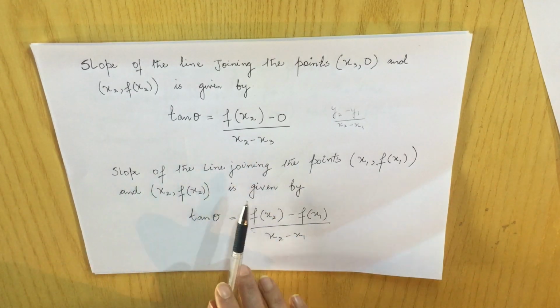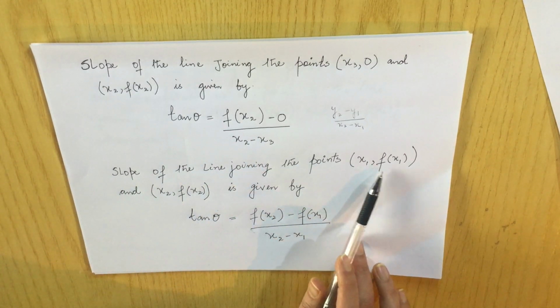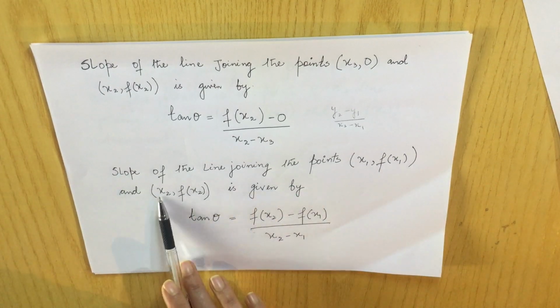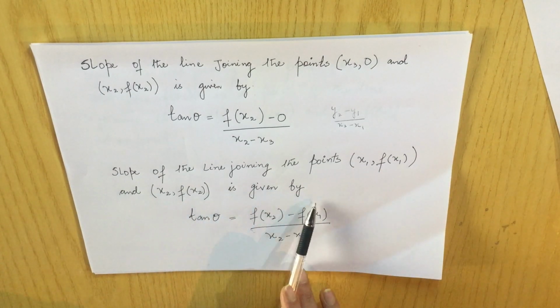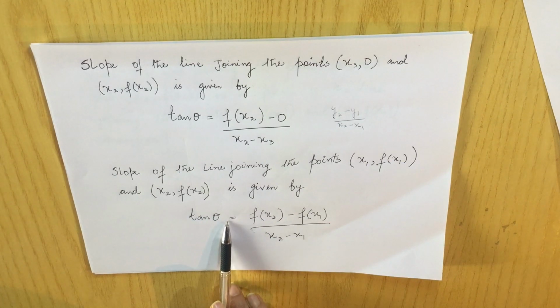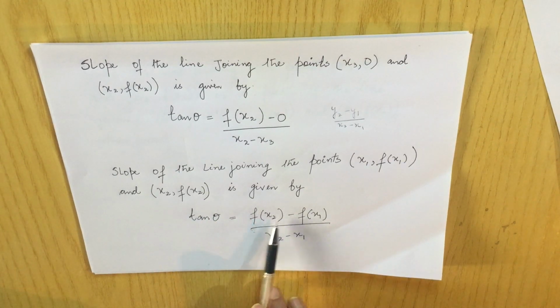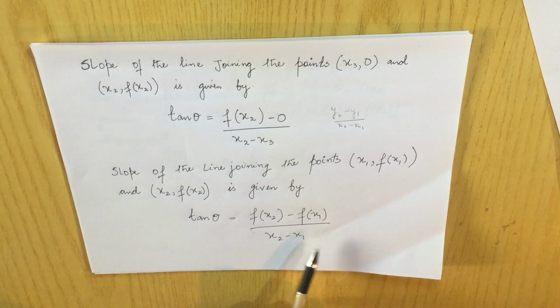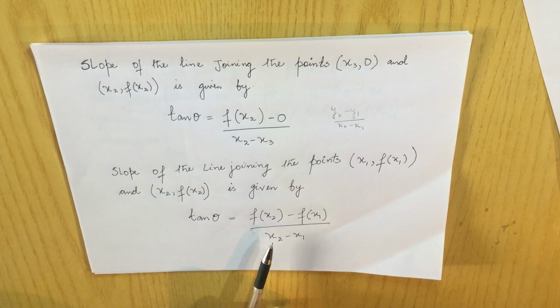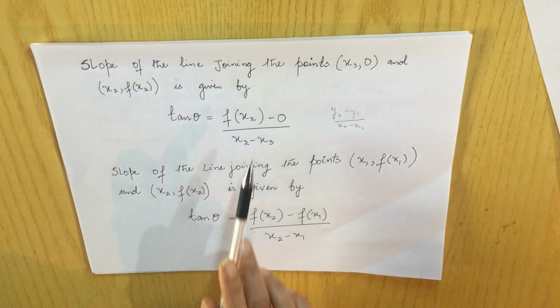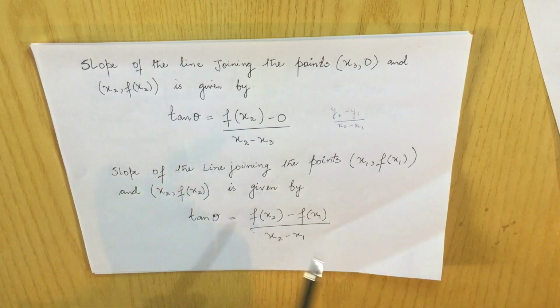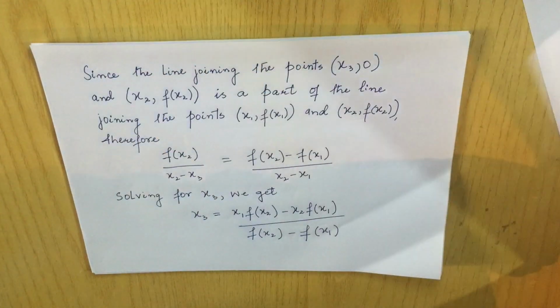Similarly, the slope of the line joining the points x1, f of x1 and x2, f of x2 is given by tan theta equal to f of x2 minus f of x1 divided by x2 minus x1. The slope of a straight line is equal at any point, so these are equivalent.